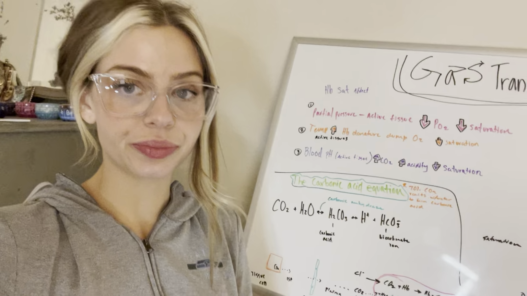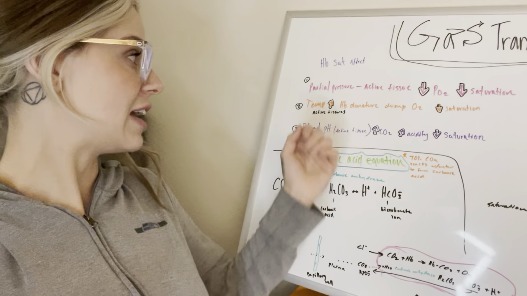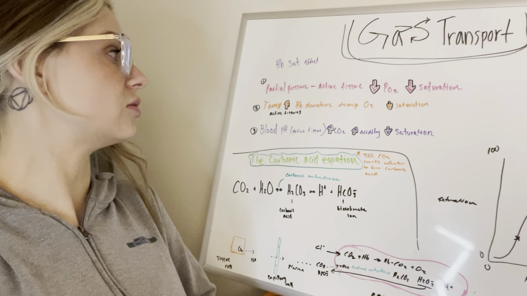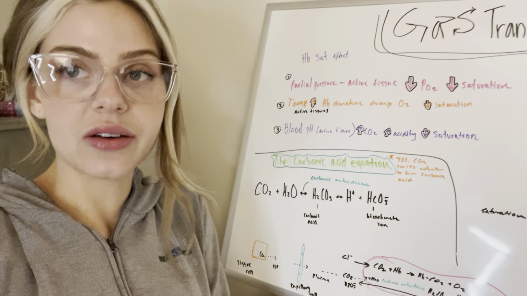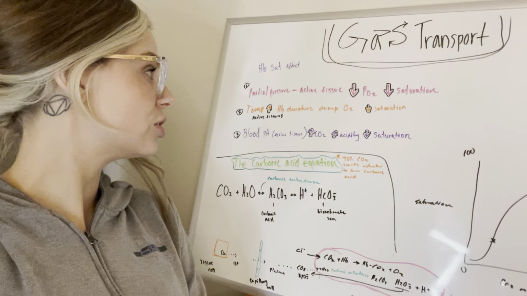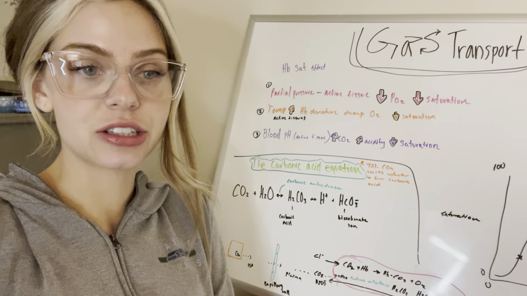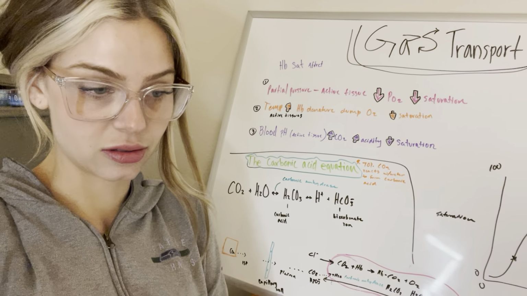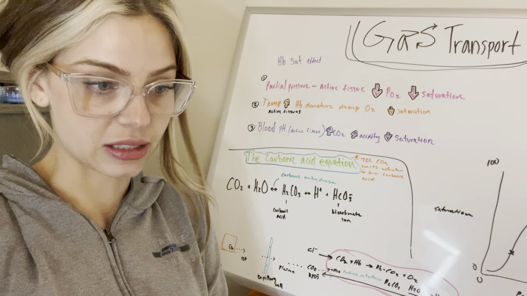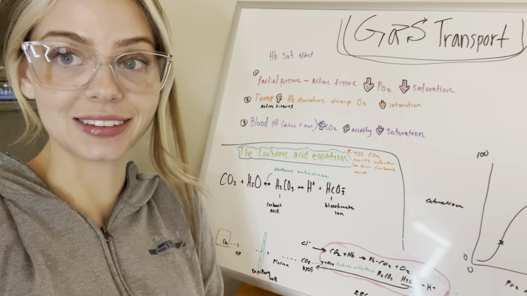Okay, moving on. So temperature affects saturation as well. If we have a high temperature, our tissues are also active. And when we have a high temperature, hemoglobin denatures. What does denature mean? It unravels. It's not functioning.